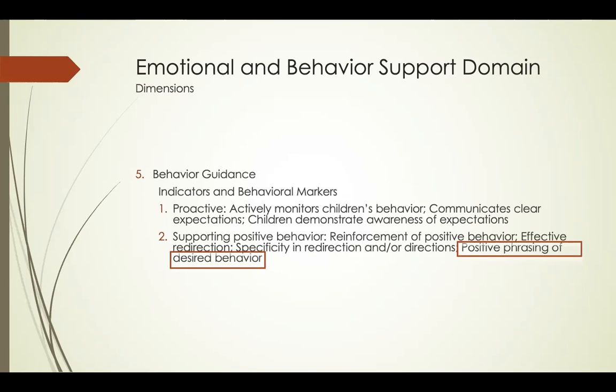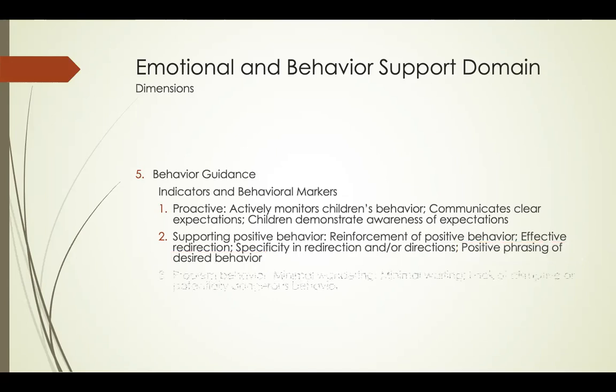So we just want to stop for a second. It's very easy and quick to say don't do this and don't do that. We want to make sure we are redirecting and giving them the positive things that they can do to still be able to continue the jumping that they want to do right then.